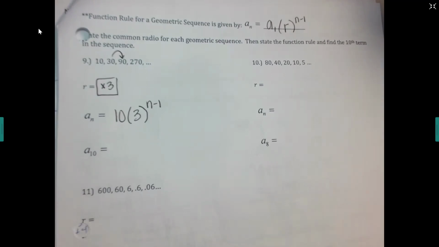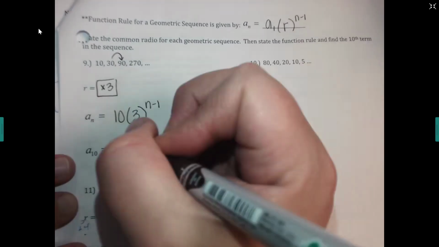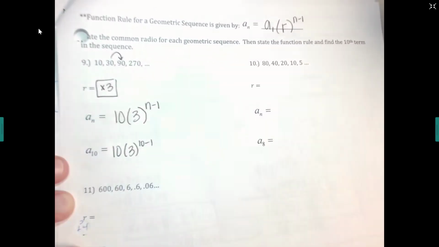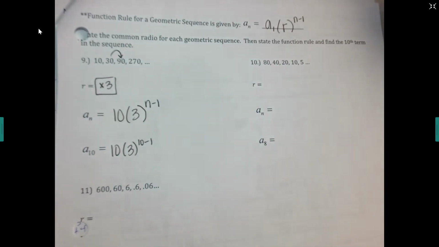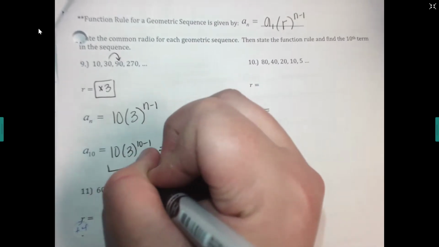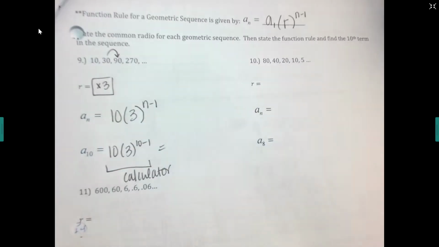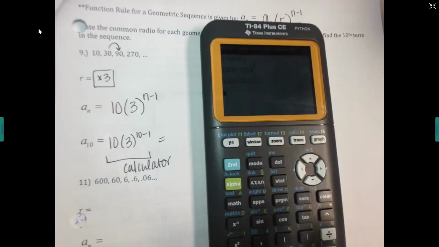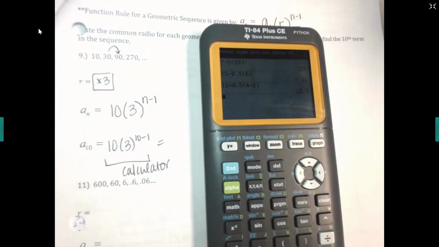Then if I want to skip ahead to the 10th term, then I can just go ahead and put that in my calculator. So I'll do 10 times 3 to the 10 minus 1. And then remember, you're just putting that into your calculator. Okay? Now, one thing that I do want to point out is that your 10 minus 1 is an exponent.